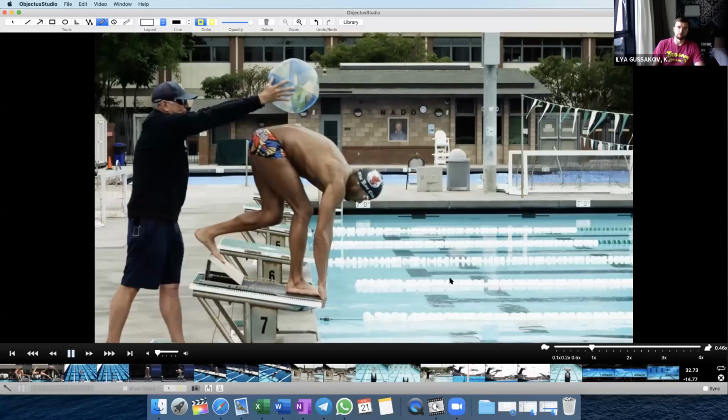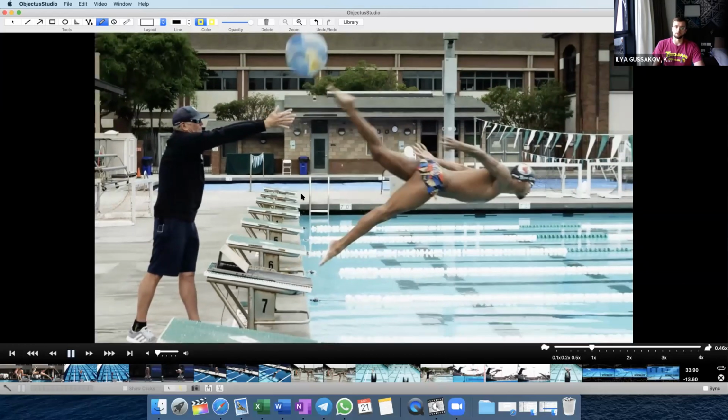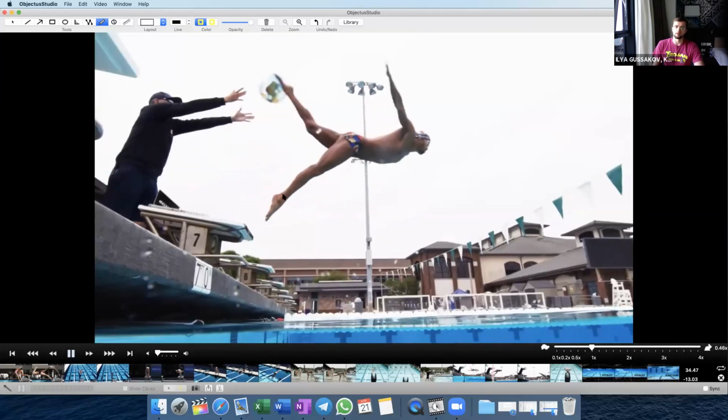For example, if he's holding this leg down and he cannot lift that leg up, I would probably put a weight belt around his ankle. It will be more down. And that way he will feel that it's not comfortable for him to have that heavy leg, and he will start to work.